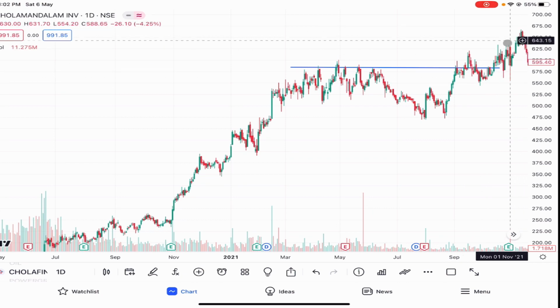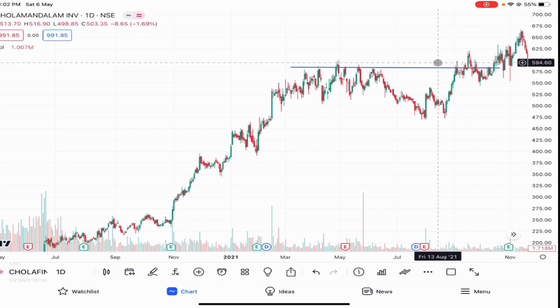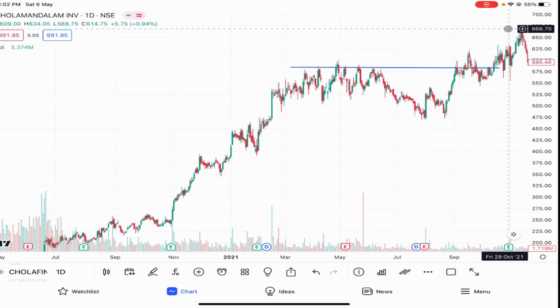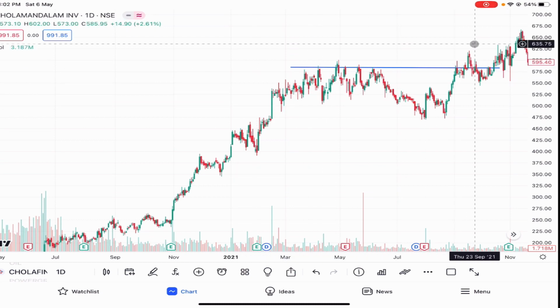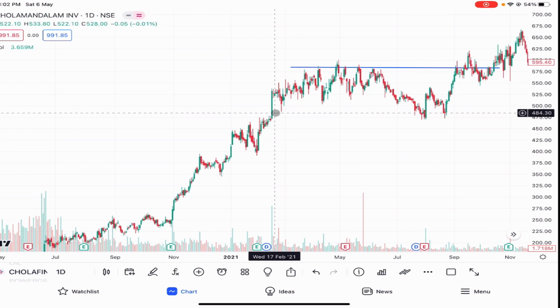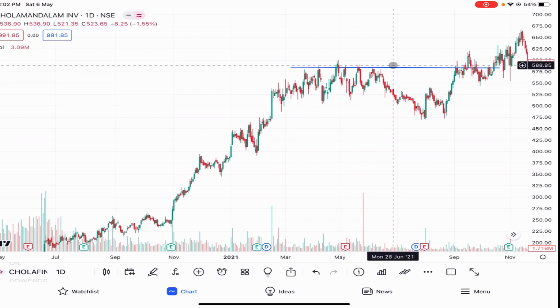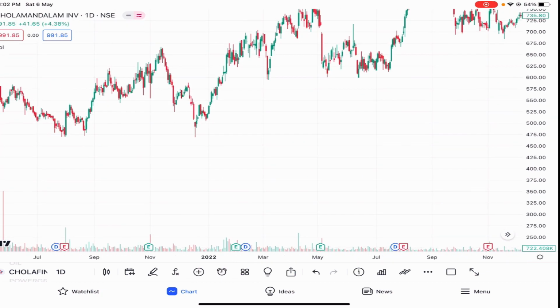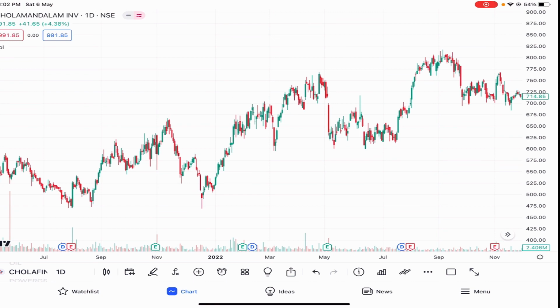You can see how the stock price went up. It broke out near 592 and it went till 664. That is nearly about 100 rupees. So that is one breakout, right? I hope you understood the concept. We will also look into the details of confirming a breakout, but for now just try to understand what a breakout is. It broke out of this resistance zone. So that's my first example.